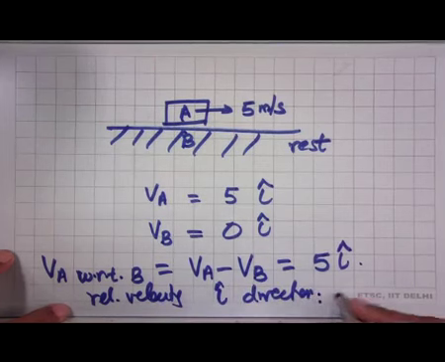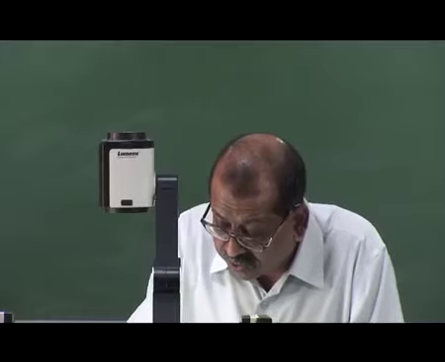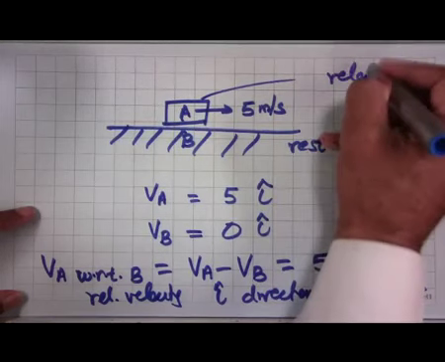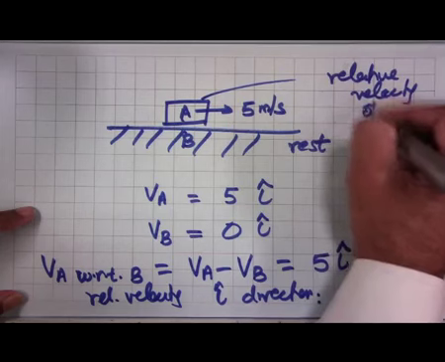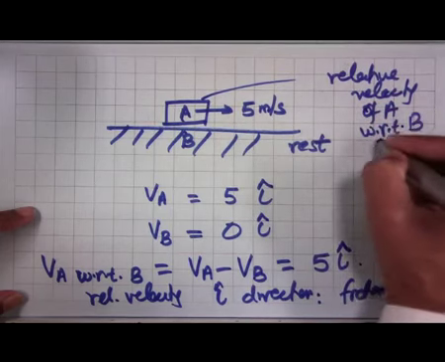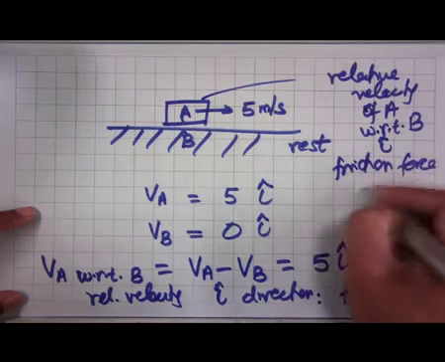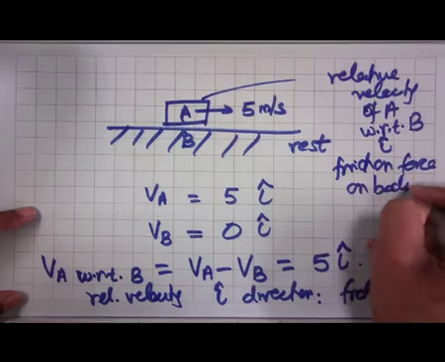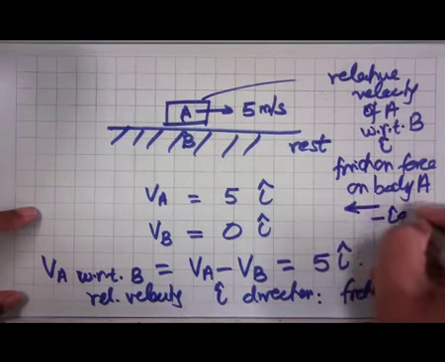If that is so, then the friction on body A, because the relative velocity of body A with respect to B at the contact point is in the i direction, the friction force on body A is in the minus i direction.